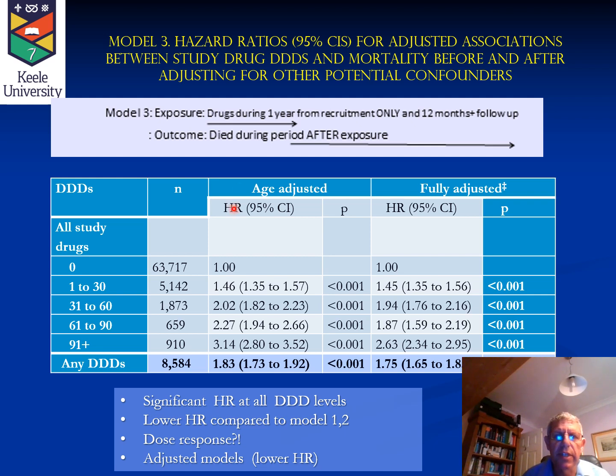And what we can see here is, again, we see significant hazard ratios lower than in the last model, but still quite strong associations. And there's a dose effect in the age-adjusted model, maybe not quite such a dose effect in this model here.